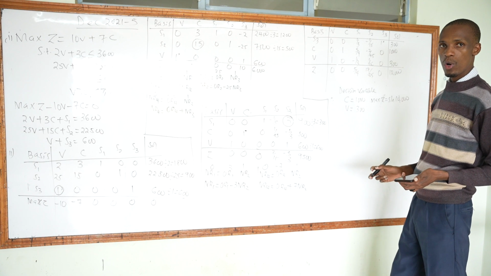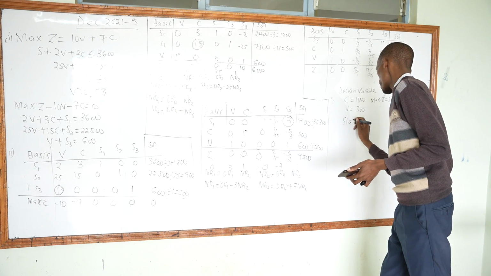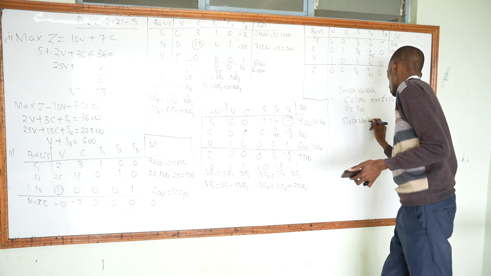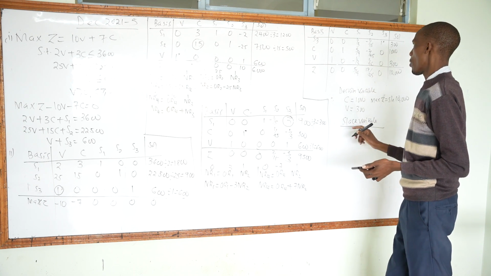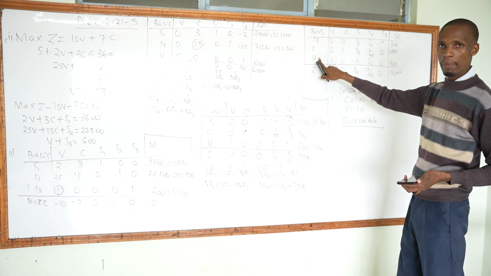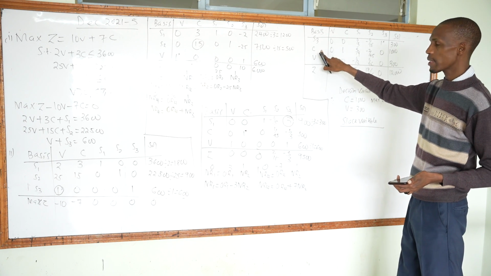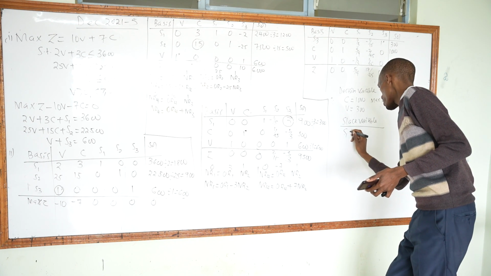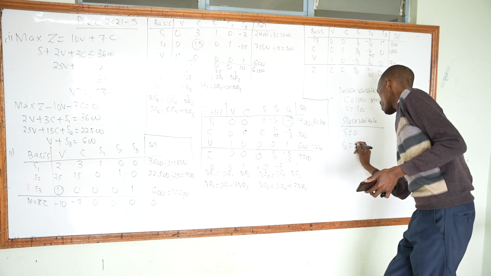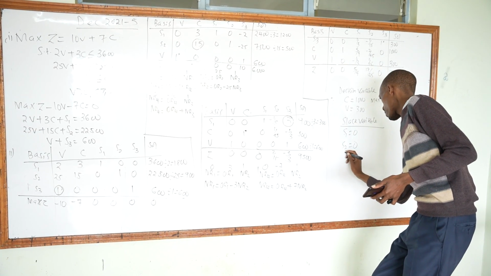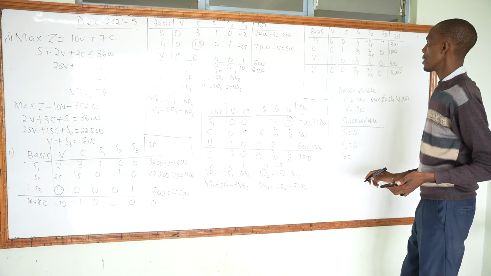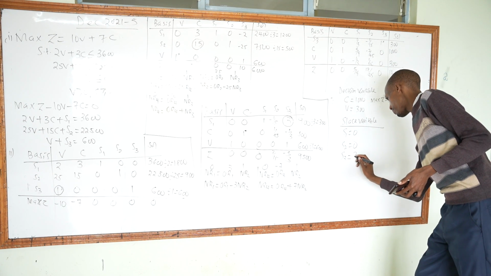Then there are things we call slack variables. Please pay attention to this. I will be explaining what they are. Slack value S1, is S1 in the basis, yes or no? If it is not in the basis, S1 is 0, S2 is 0, they are not in the basis, but S3 is now 300.